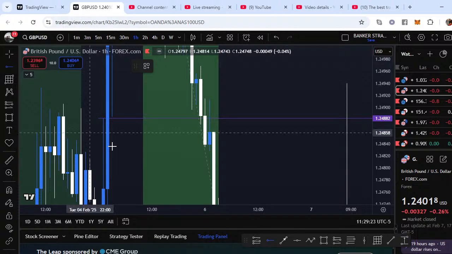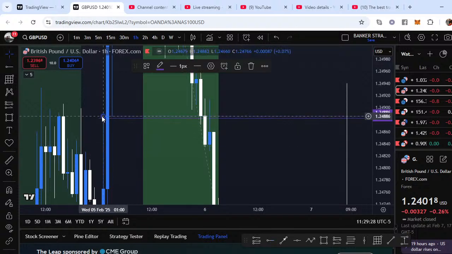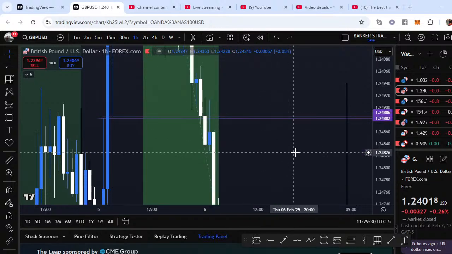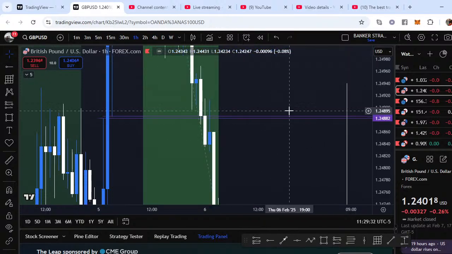A mini inverse fair value gap. Inverse fair value gap right there.